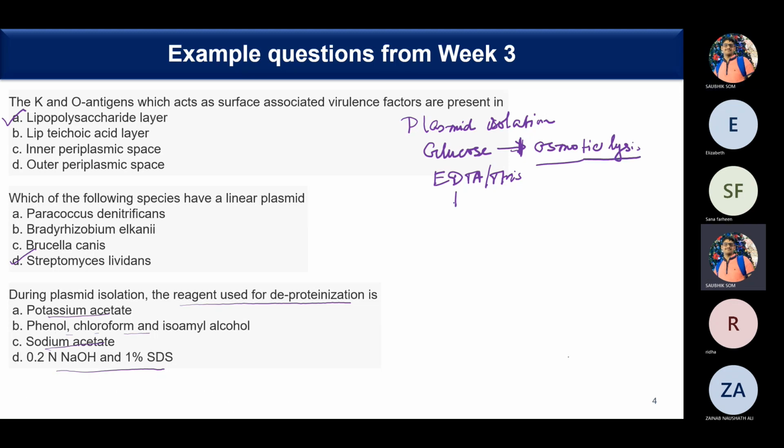EDTA is a chelating agent, so it will chelate divalent ions like the calcium ions from the cells. Tris acts as a buffer in the cell. Okay.